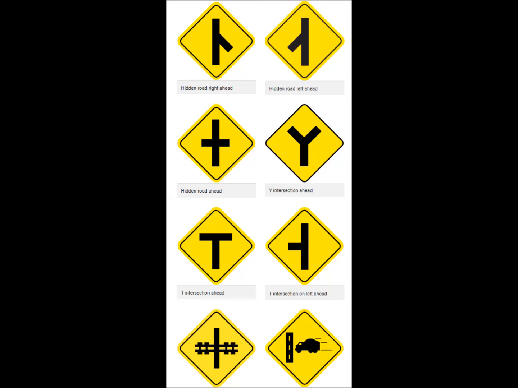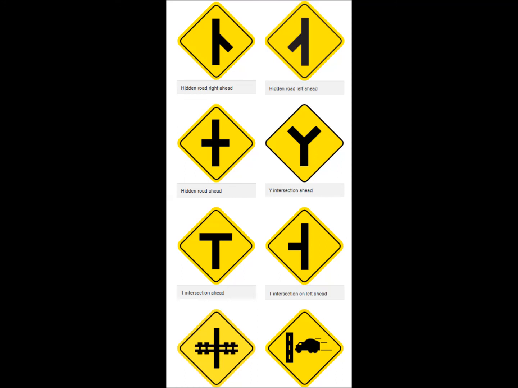Image description. A yellow diamond with a black outline. In the center is a long black vertical rectangle with a smaller black rectangle coming off the left side. T intersection. Image description. A yellow diamond with a black outline.